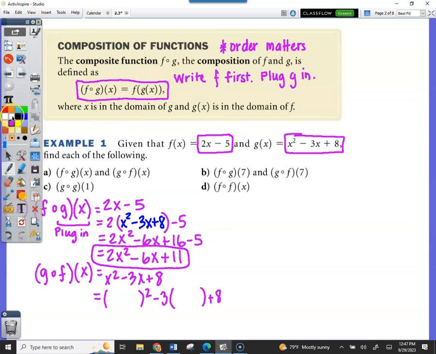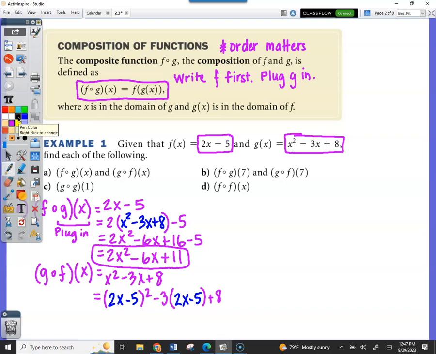Now I'm going to change colors. And in here, I'm going to put F. That's the answer, but we've got to clean it up.